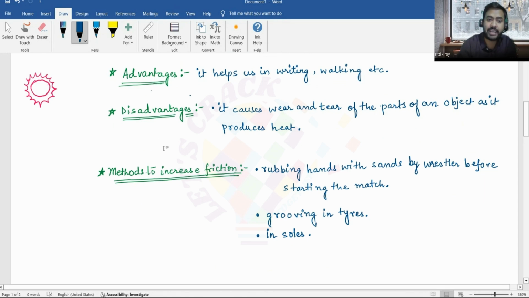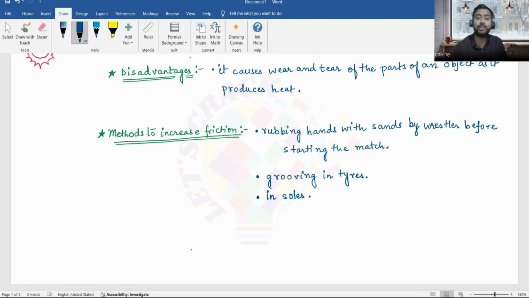Okay. Now the next thing that comes is methods to decrease friction.